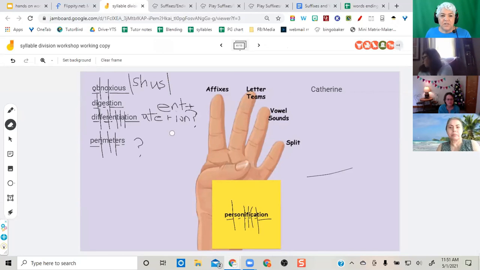How about digestion? What's weird in that word? We don't know if the digest is the base word, ION is the suffix. Yes. But if your student has never read this word before and they're having to decode the word, they'd do vowel, consonant, consonant, vowel, and they'd probably divide it right there, and it'd be DIGES, divide TION.